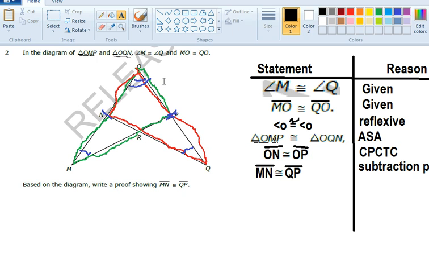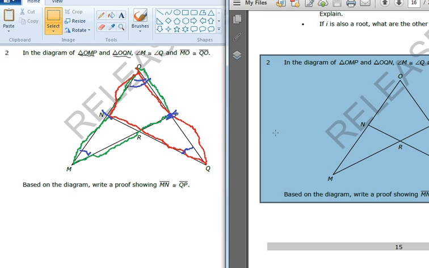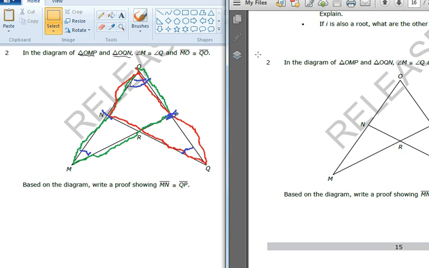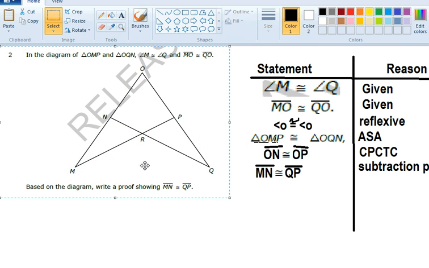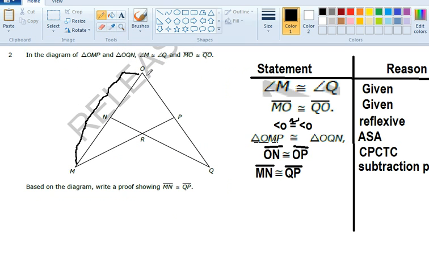So I'm gonna bring this up again so it's clean. Okay, so we know that this whole side is congruent to this whole side, and we know that this little part is congruent to this part by CPCTC.